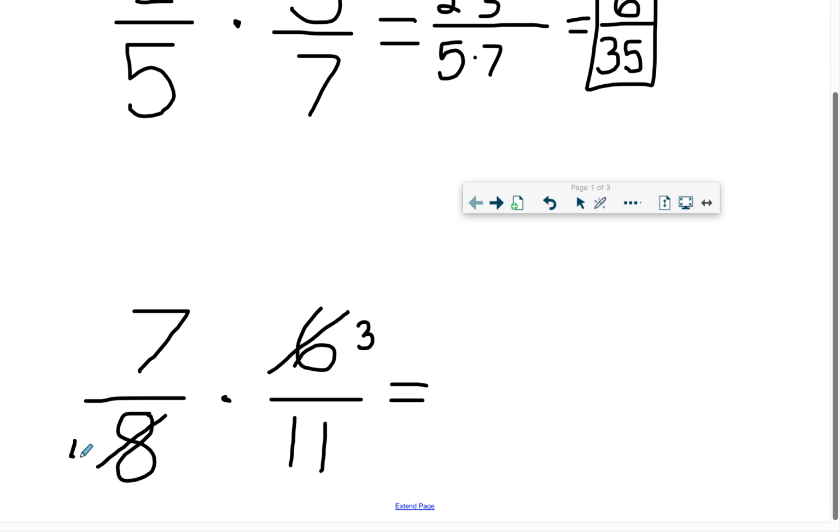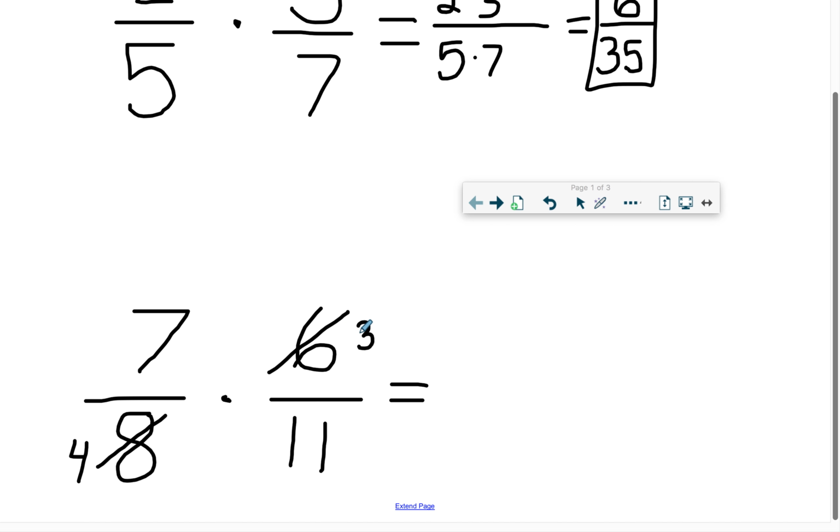So now this becomes a 4. And look at that. Great. I have now simplified. Now there are no more numerators that have anything in common with our denominators. So we are just going to multiply across.